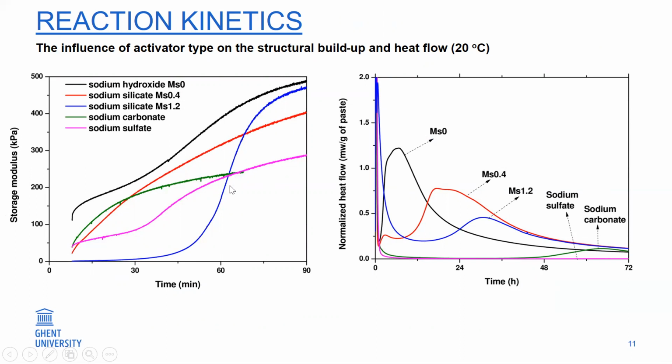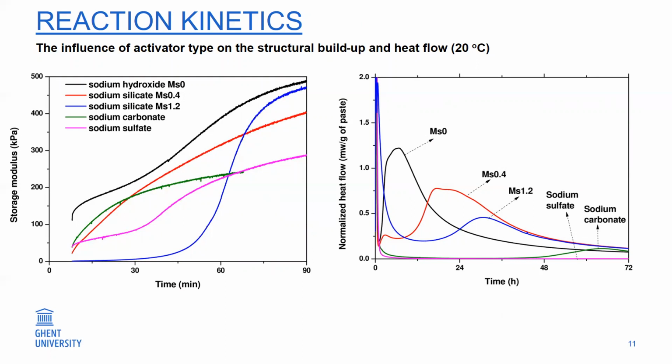At 20 degrees, at the same equivalent sodium oxide content of 5%, significantly higher initial structuration is observed with the sodium hydroxide activator, followed by sodium carbonate, sodium sulfate, and sodium silicate with MS 1.2 respectively. Furthermore, the structuration rate of the sodium hydroxide activated slag fly ash paste is higher than the sodium carbonate and sodium sulfate activated pastes.